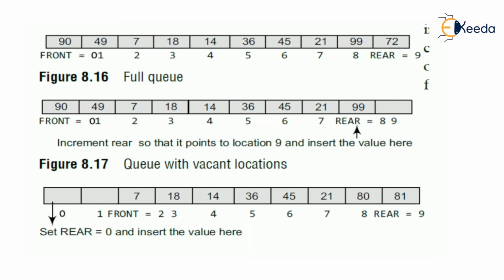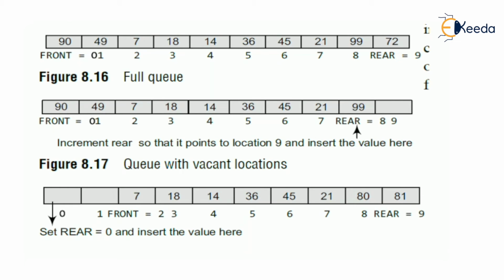It means that the queue is not full, because if we were considering the concept of linear queues over here, the queue is full. But as we are considering the circular queue, we set rear equal to 0, where we find that vacant space is created as it is a circular queue, and then we insert the new element as shown in figure 8.18.